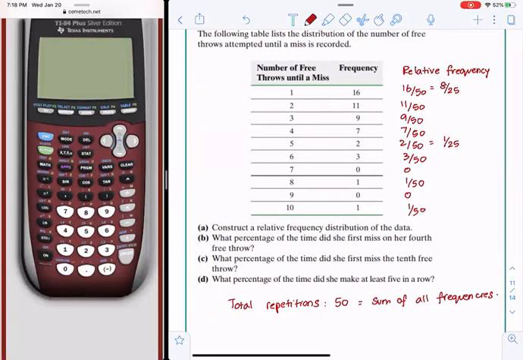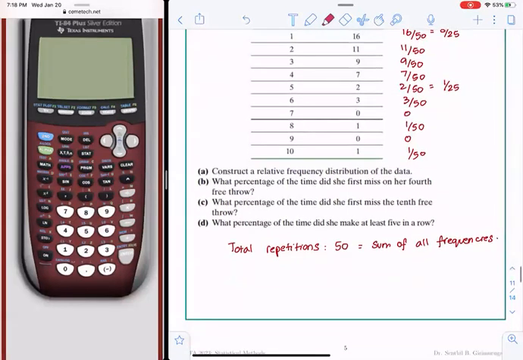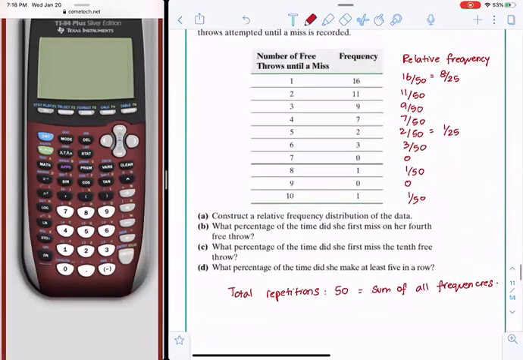So what percent of time did she first miss on her fourth free throw? The fourth free throw would mean she made 3 throws and then she missed on the fourth one.